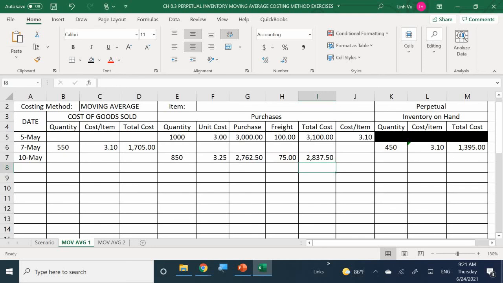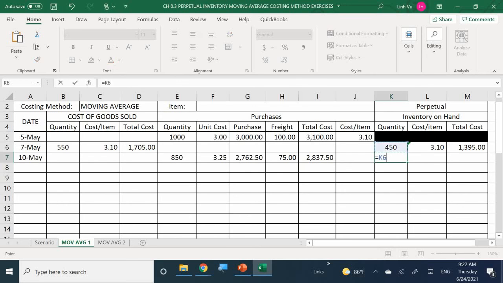here, because now I'm introduced to a new quantity. Now, like I've mentioned before, I'm going to move this number across. And this time, I'm going to add my numbers together here. So I'm going to add my 450 to my new batch of inventory of 850.